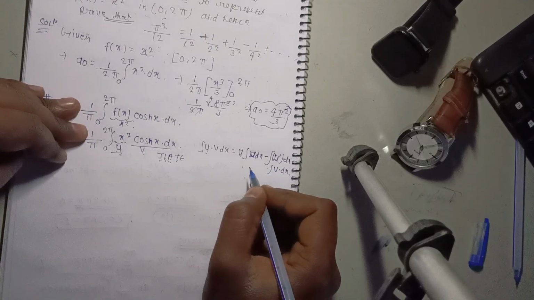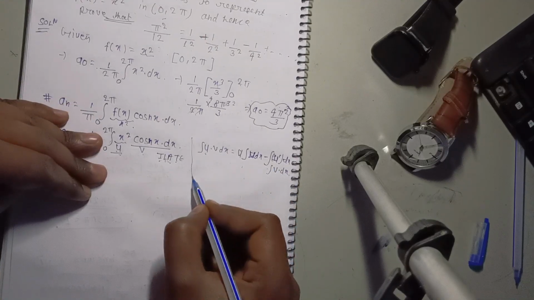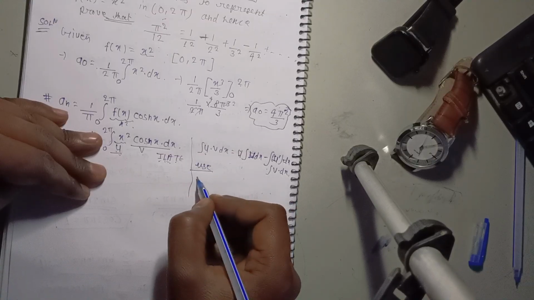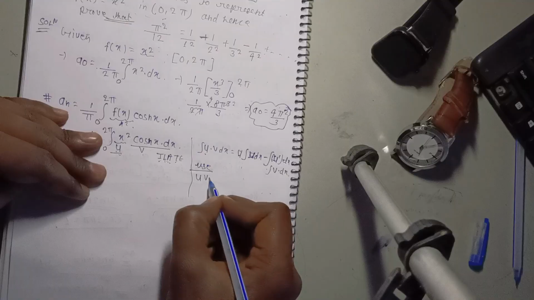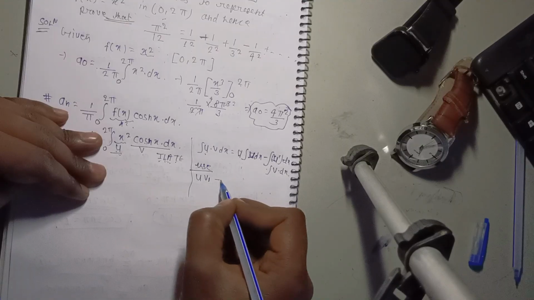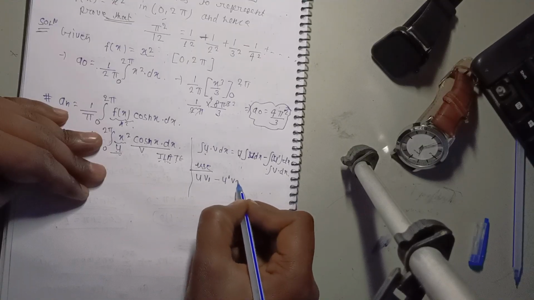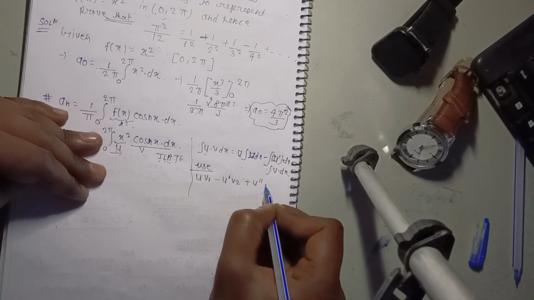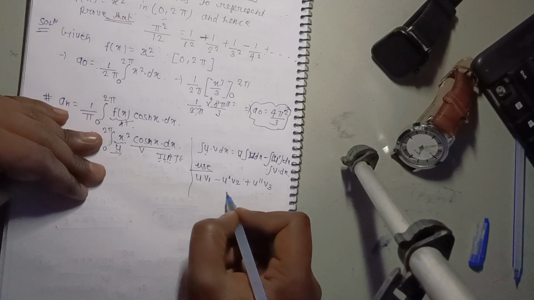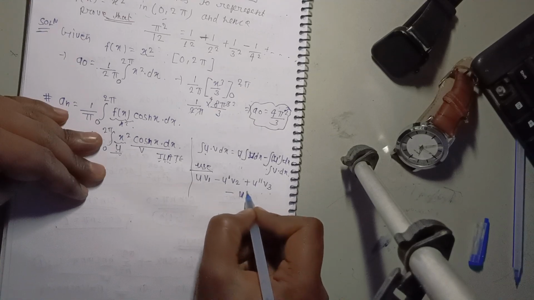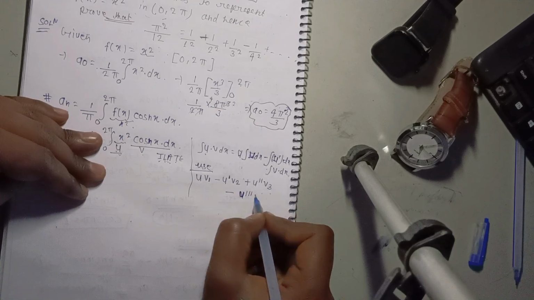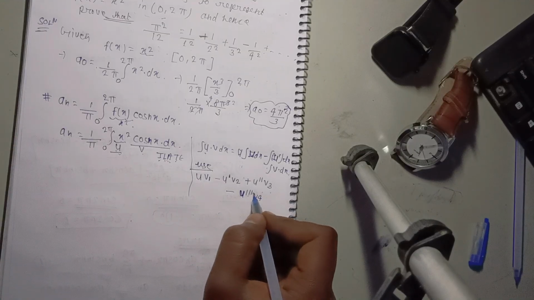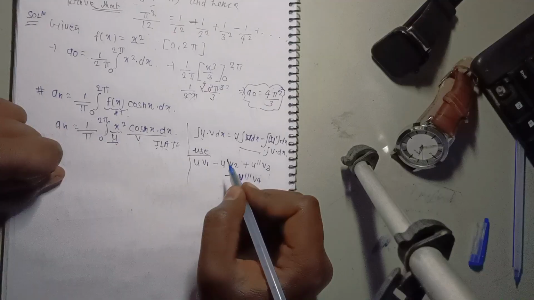Now in place of this we can also use u v1, meaning differentiation, minus u differentiation v2, plus u double dash v3, minus u triple dash, meaning triple differentiation, v4. Okay, we can use this in place of this formula.